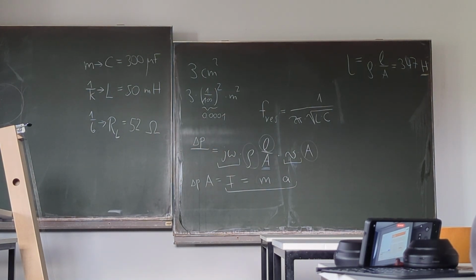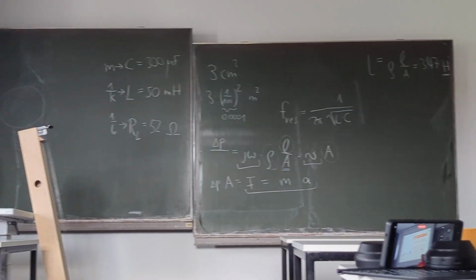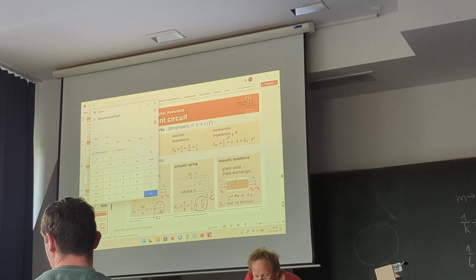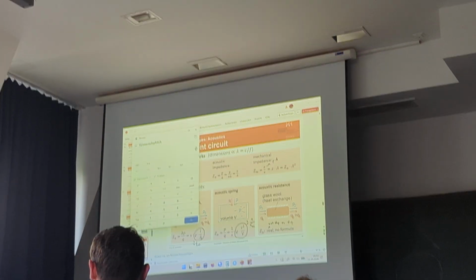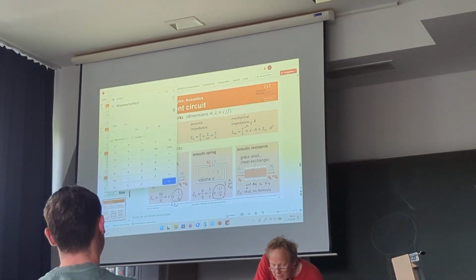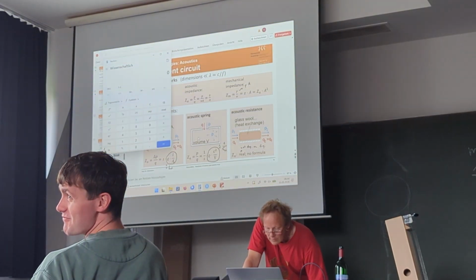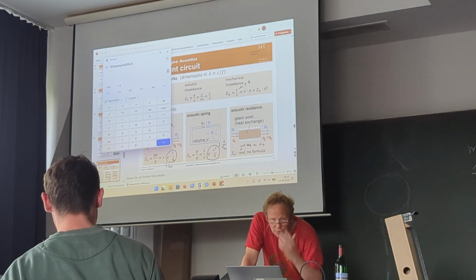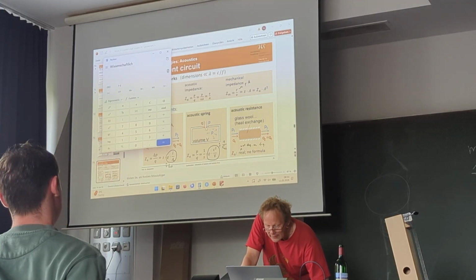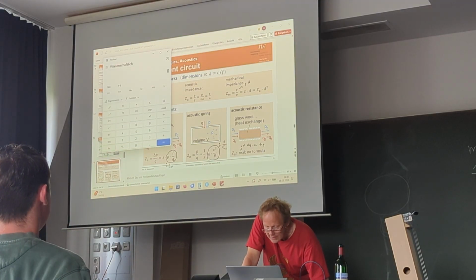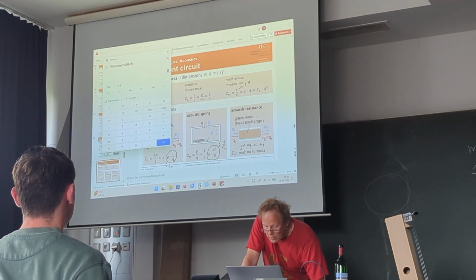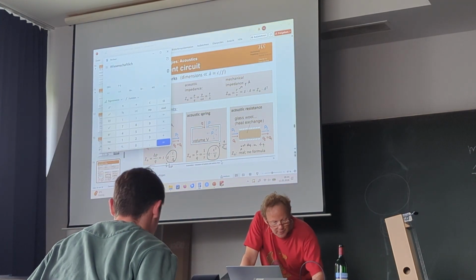Okay, and then the acoustic spring, well, that's just a larger volume, where we can compress the air. So we do have a change of the pressure here, due to a flux going into or out of this volume. And here we can say this in the black bubble corresponds to a 1/C electric.